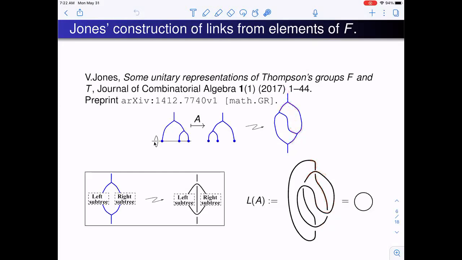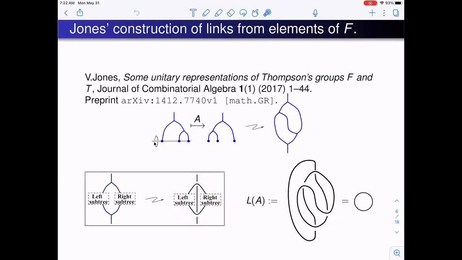And once we do that resolution, it looks like I can do Reidemeister 2 moves, and I can move it actually behind everything. So instead of doing that, I can do it like this one. So it seems I will always get a trivial situation, but that is not quite so. The point is that that strand might go to the right subtree, that one to the left subtree.